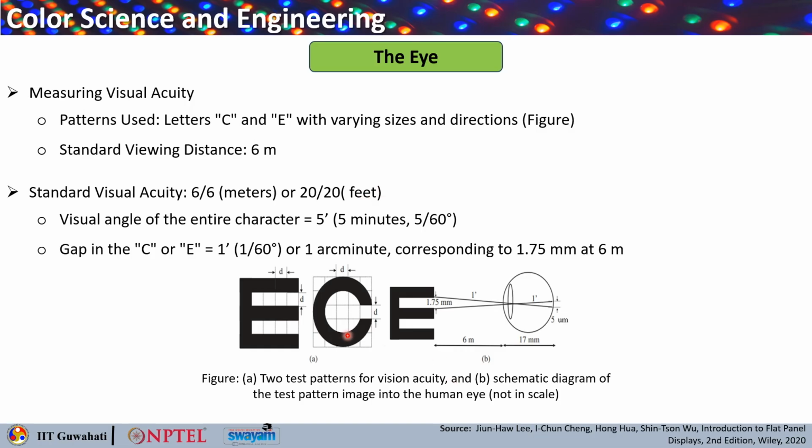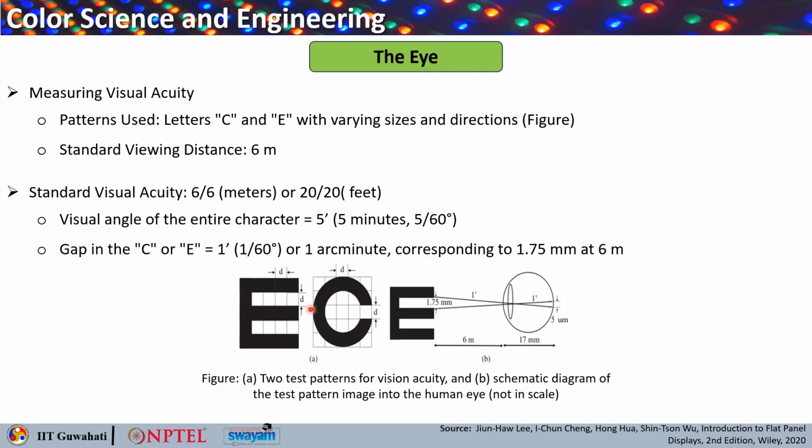So, what you see here is the visual angle of the entire character, okay. So, that is typically like 5 minutes, okay. So, that is 5 by 60 degree, and typically in this particular E and C there are these gaps, okay.